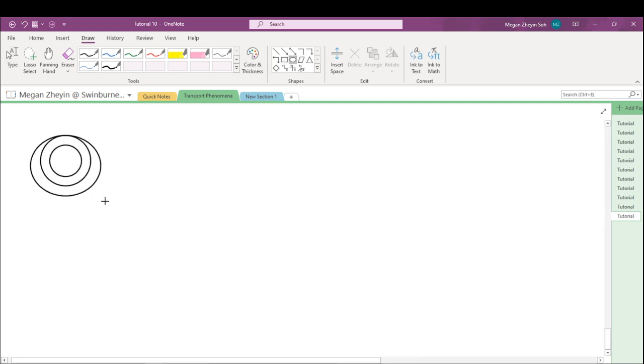Let's draw another one outside, larger. Simple. So the one in the red dot is your shell. The shell thickness is delta R and the diffusion goes from inside to outside, which is like this.